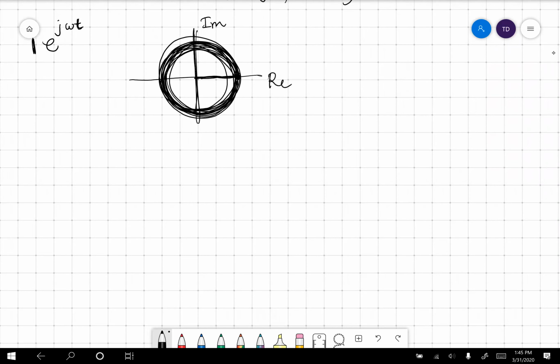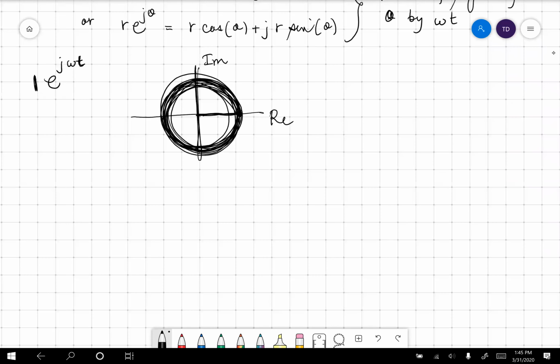So as we look back here, r e to the j omega t is equal to r cosine of omega t plus j r sine of omega t. And all of a sudden I'm looking at terms that look like terms that come from a circuit.